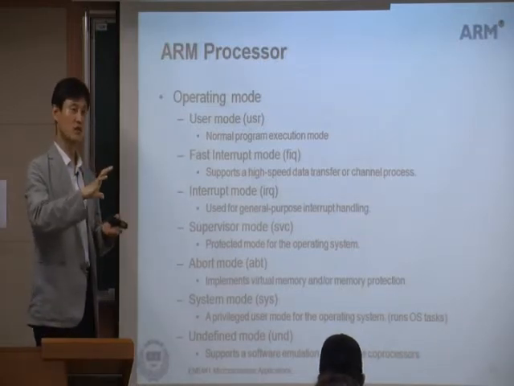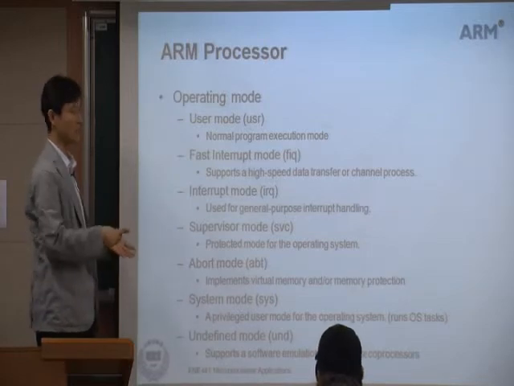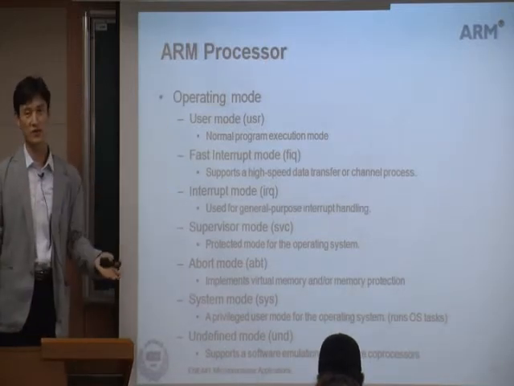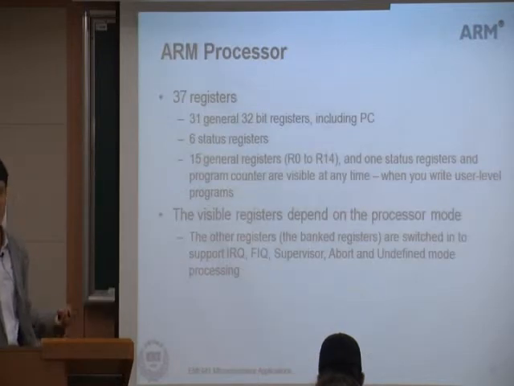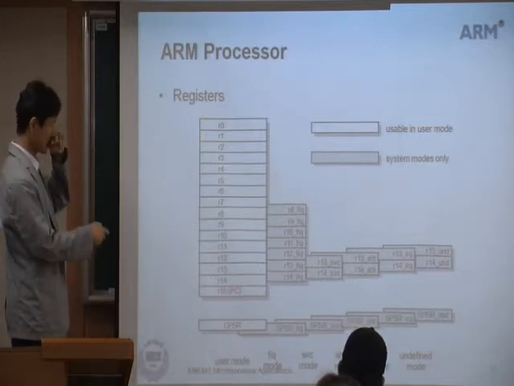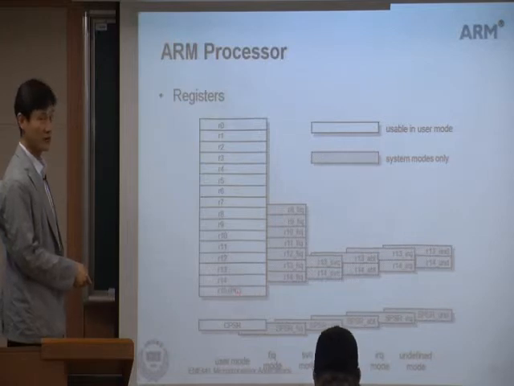So the number of registers and which registers you have changes depending on the mode. It sounds very complex, and it's pretty complex. Here, these are the general registers, R0 to R15. R15 is actually the program counter.